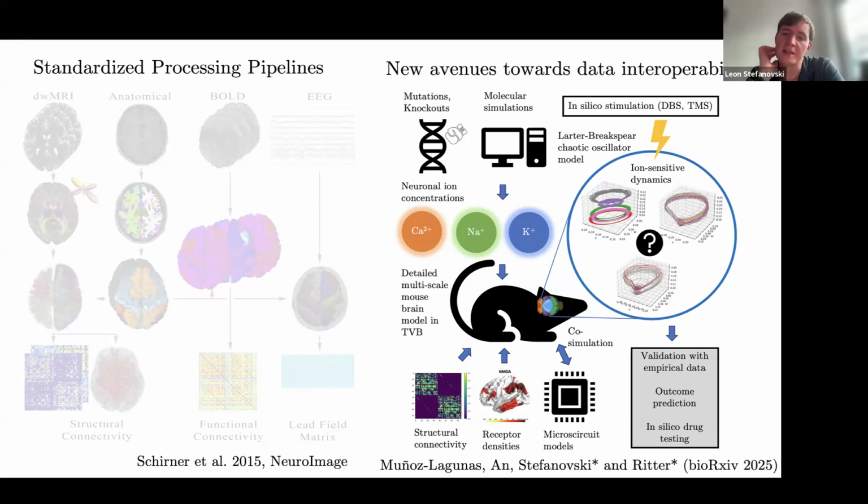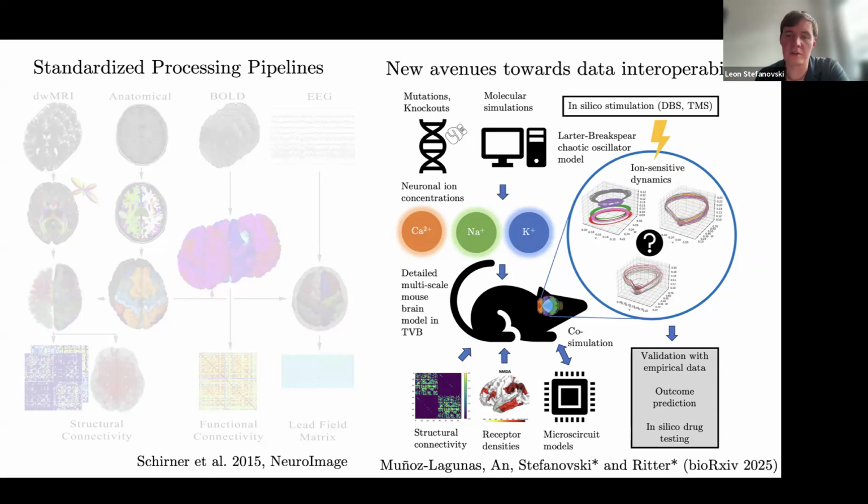mouse brain. The nice thing about the Larter-Breakspear model is that it really has very detailed parameters for all kinds of ions. So for calcium, for sodium, for potassium, we have the Nernst potentials and the physiological parameters that describe the conductivity of the neural membrane for these ions.